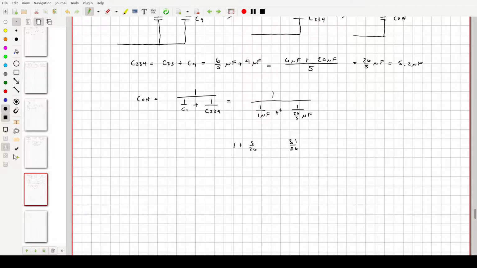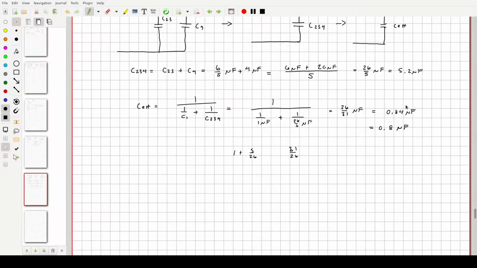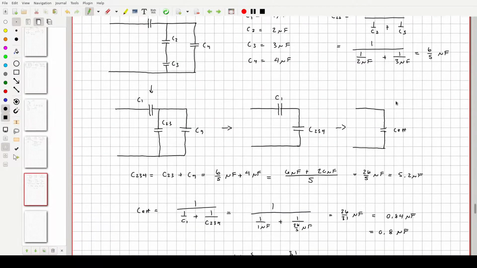Here, when you do that addition, and you flip it up, it becomes 26 over 31. So this one, because of that 31 sitting there, is not very nice. So 26 divided by 31 is 0.84. Or something like 0.8-ish microfarads if you want to keep to 1 sig fig here.